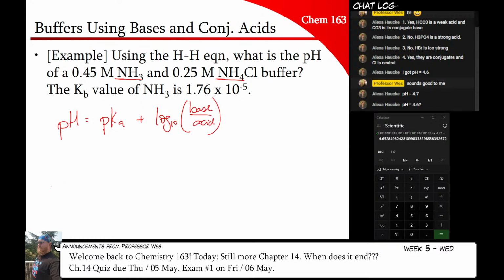And then I know that Kb is 1.76 times 10 to the minus 5, which means pKb would be minus log of that number. So 1.76 times 10 to the minus 5. We're going to log that and negate it.